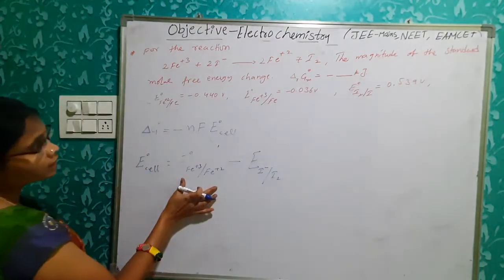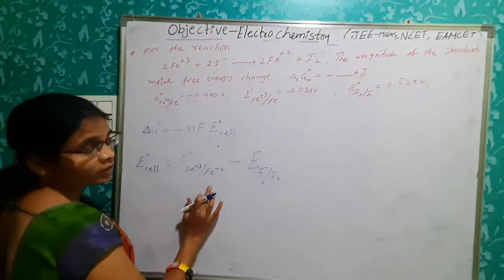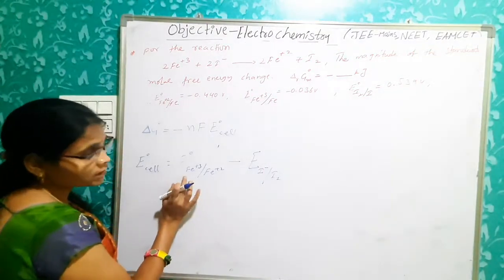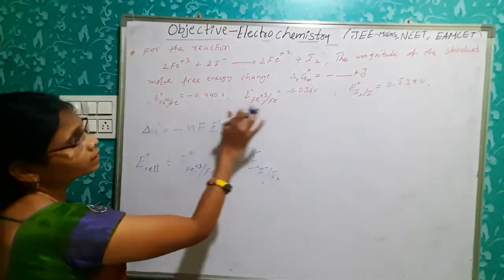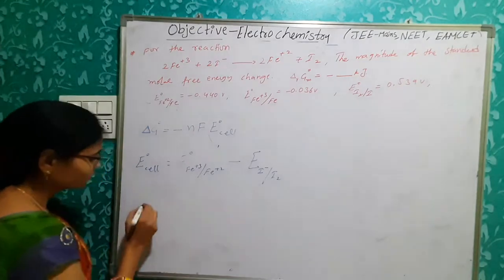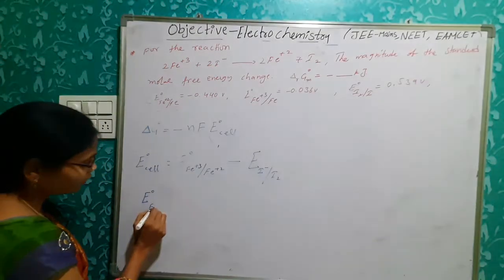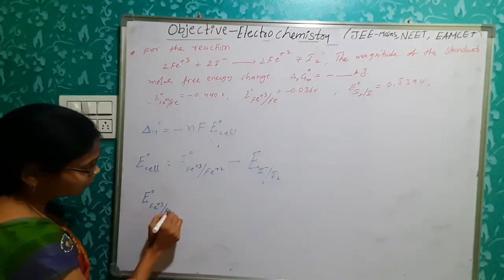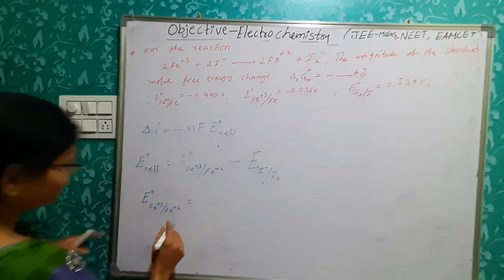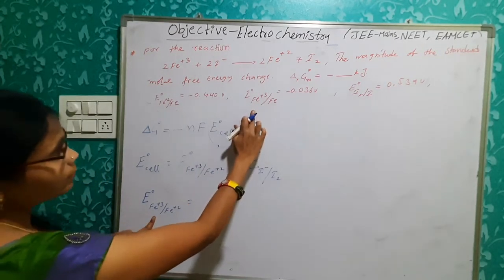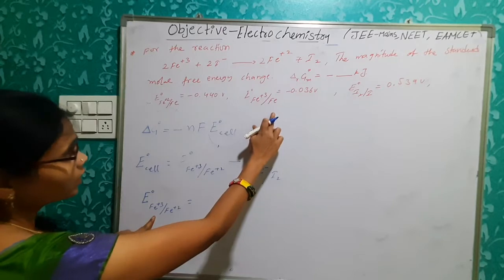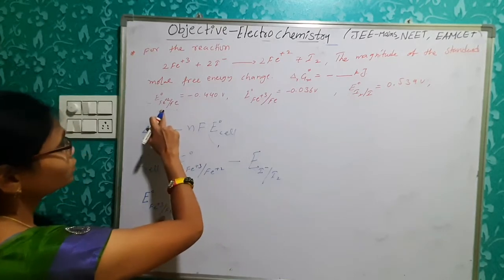But E° of Fe³⁺/Fe²⁺ is not given here. So we have to calculate this. For this, we have to take Fe³⁺ to Fe minus Fe²⁺ to Fe.